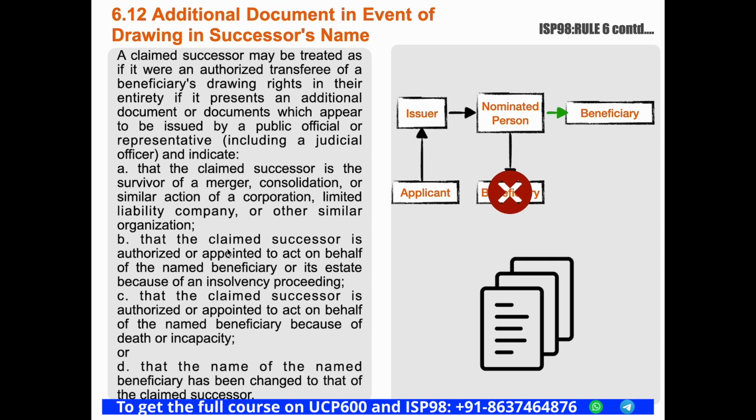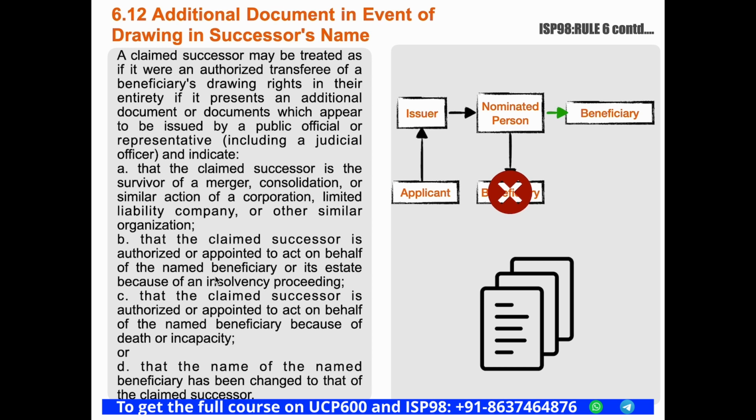This is another situation. And the third one is that the claimed successor is authorized or appointed to act on behalf of a named beneficiary because of death or incapacity, or that the name of the named beneficiary has been changed to that of the claimed successor. In case of death, the relevant document might be the death certificate of the beneficiary and a legal heirship certificate. And if the name of the beneficiary is changed, then as well any relevant proof has to be submitted as per this rule, right?